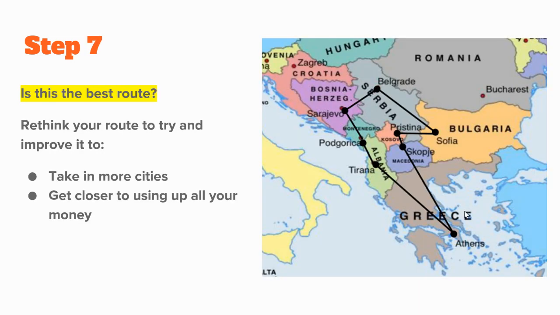Step 7, well, that's the main bit. Is that route that you've just picked out the best route? If it isn't, rethink it. Create a new slide and start your tour again and say, well, that wasn't the best journey I could have taken. I'm going to try again.